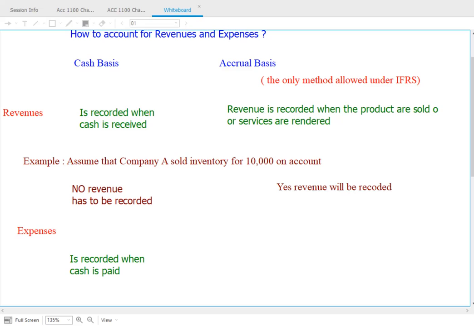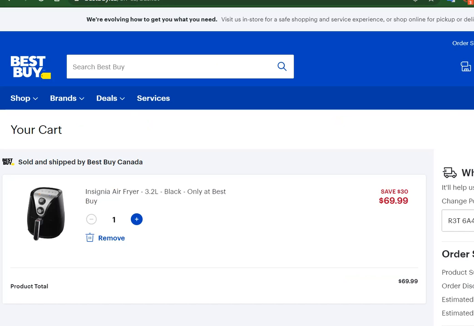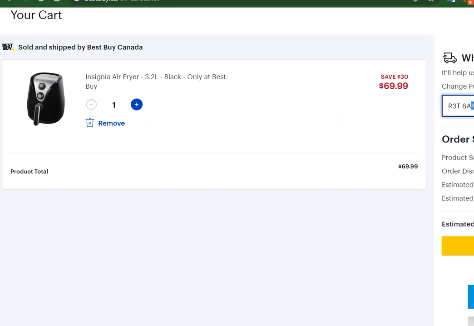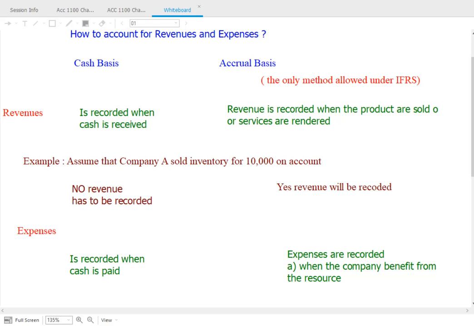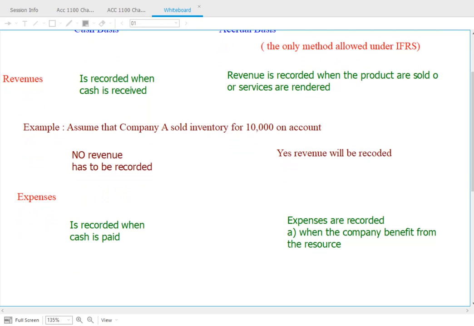Assume that I'm talking about a utility bill. So every time at the end of the month, when the company used the utility and benefits from using the utility, they record that they have a utility expense, even though they're going to pay it later on. So when the company benefits from the resource, this is the time to record the expense.